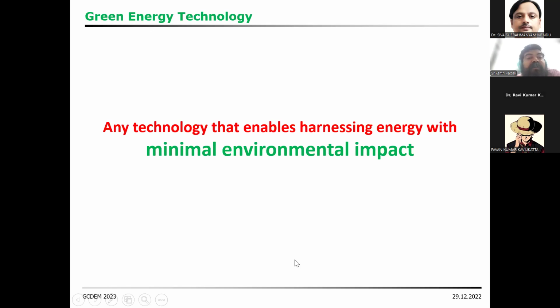When we modify the definition and use minimal environmental impact, then it is all right. Okay, so we work under this scenario. We, in the sense, the humans working, claim that some technology is green. That implies that the technology, when you consider the complete life cycle, affects the environment in the least possible manner.